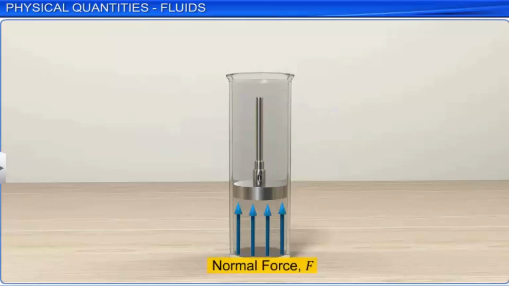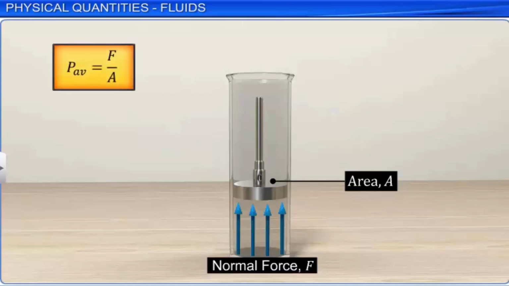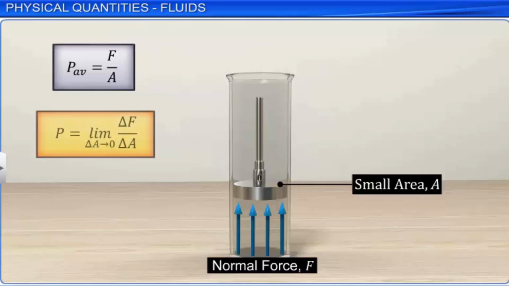In the limiting case, that is, if a small area of the piston is considered arbitrarily, then the pressure is represented as P equals delta F by delta A as delta A approaches 0. The magnitude of pressure does not change with direction. Hence, pressure is a scalar quantity.